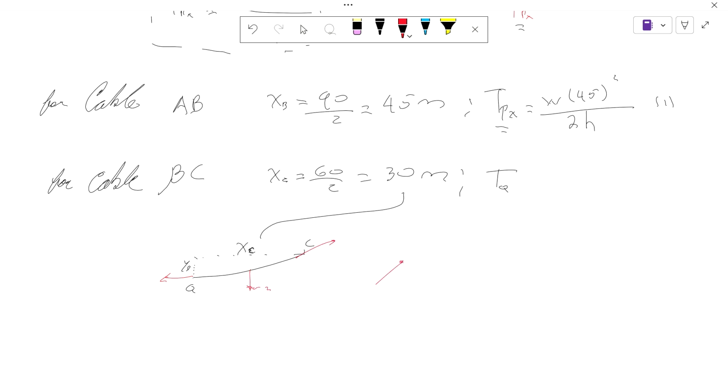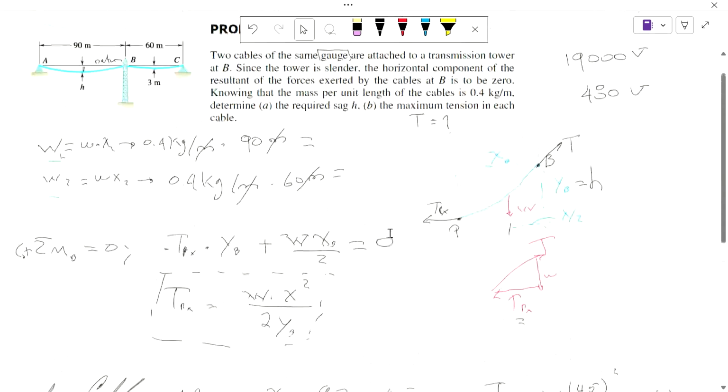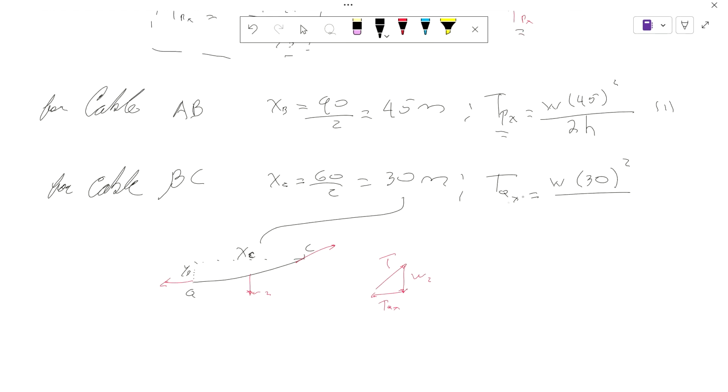The force parallelogram looks like this: W2, T, and TQX. So TQX is equal to the same cable, but the distance, which is 30 squared, divided by 2 times 3.